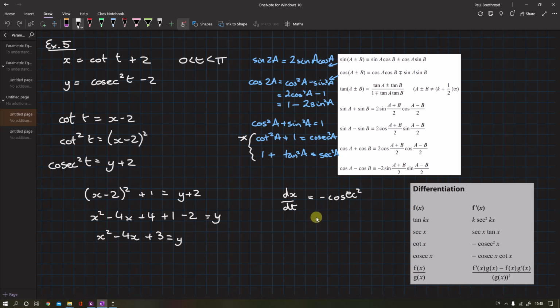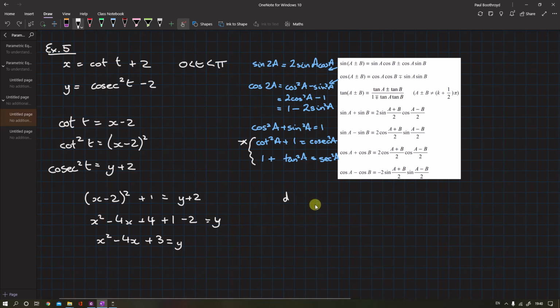I'll come back to the dx/dt one just to make sure there's nothing else going on. Let's try cot of 0 plus 2, so x when t equals 0. Cot is 1 over tan. Tan of 0 is 0, so this goes to infinity.